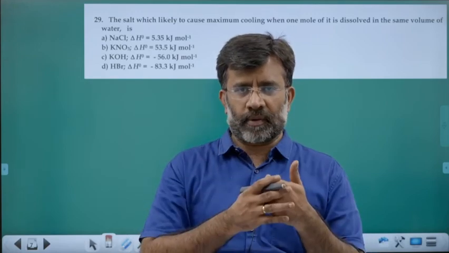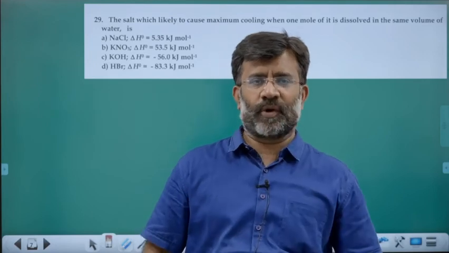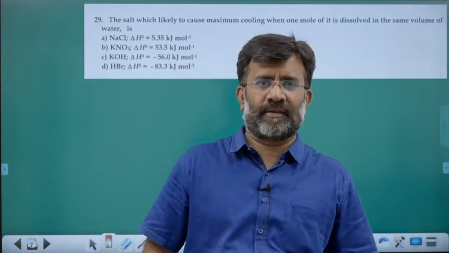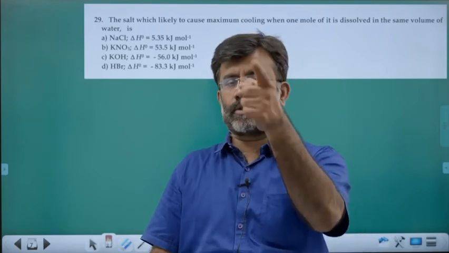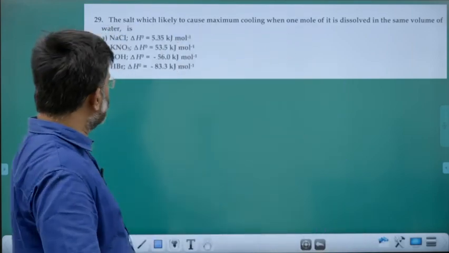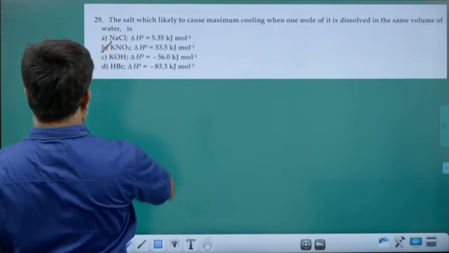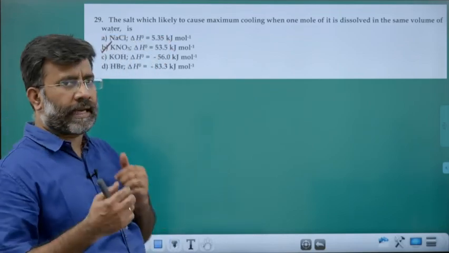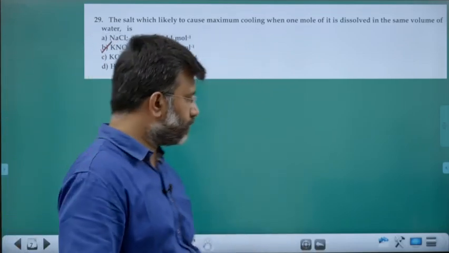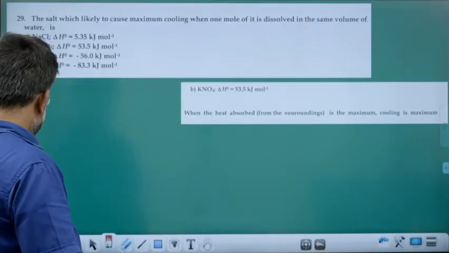So heat absorbed means you get a cooling effect, when the heat is absorbed from the surrounding, that is endothermic process. So higher the endothermic character, higher the cooling effect. Option B. This is absorbing maximum heat during the reaction, and that creates a cooling effect. Next.